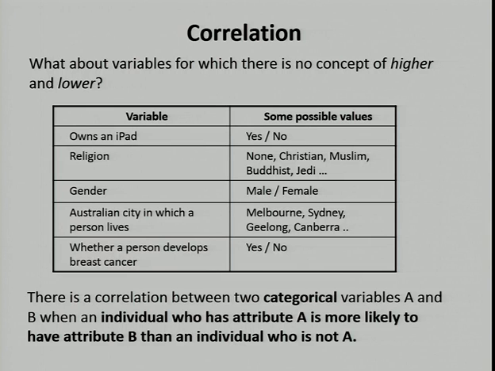So living in Melbourne, Sydney, Canberra, or something like that, that's not a matter of more or less, that's just a matter of yes or no. Yeah? So categorical variable would refer to that. Questions so far?